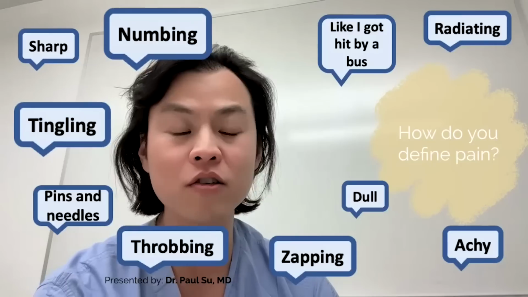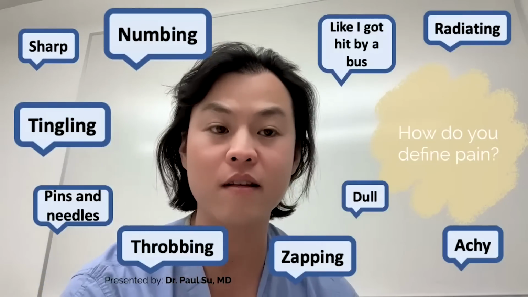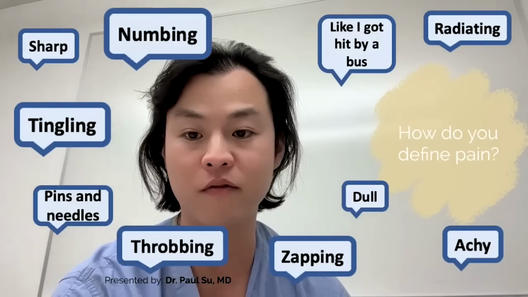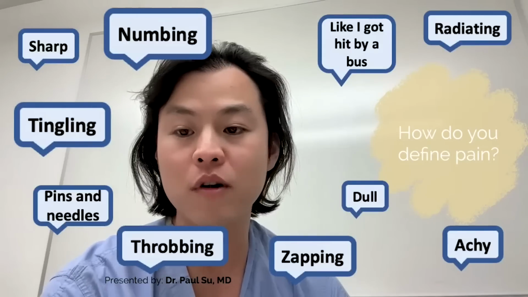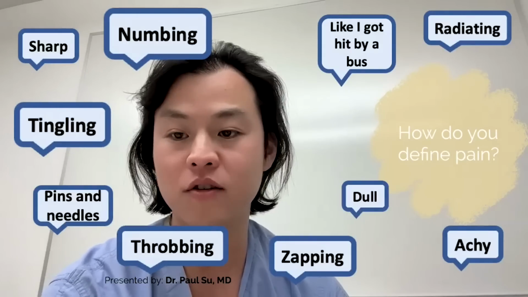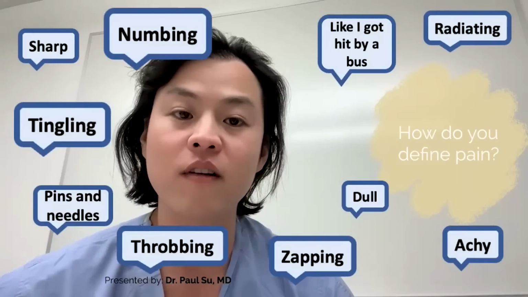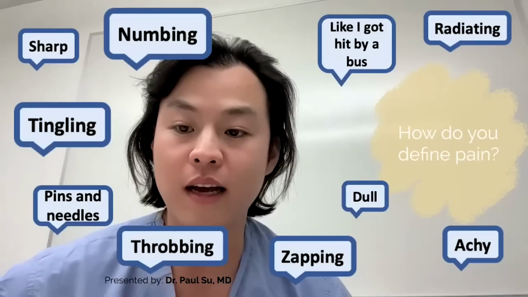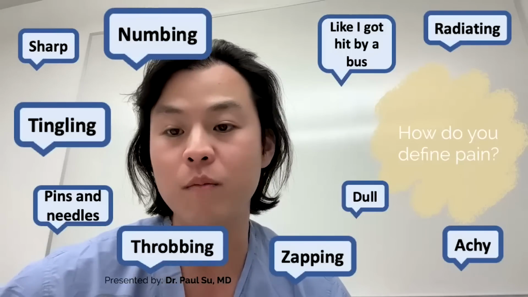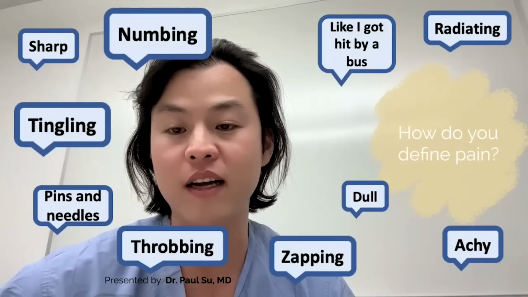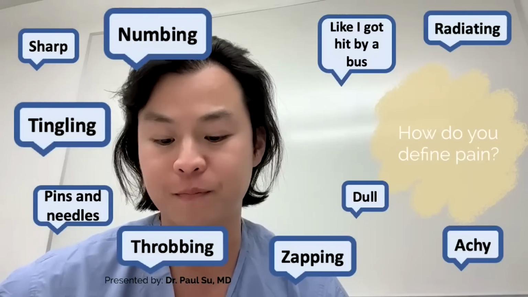Now, these are all good descriptors for pain, and they are so very different from each other. I want everyone to take a mental picture or categorization of these adjectives, and we'll revisit them throughout the lecture, but it will help us think about and categorize pain in different ways.